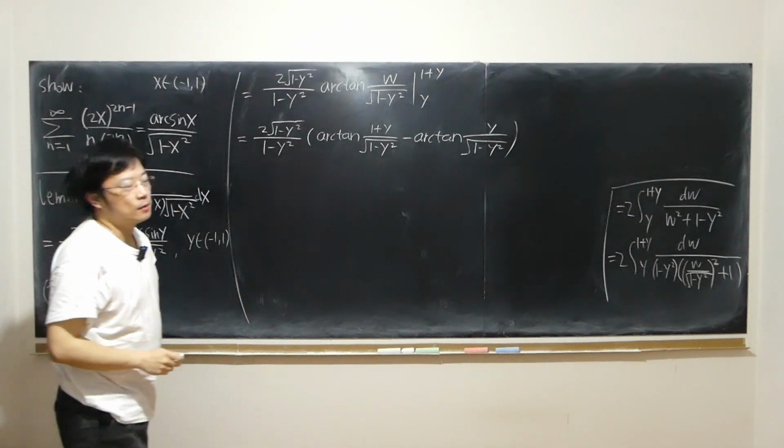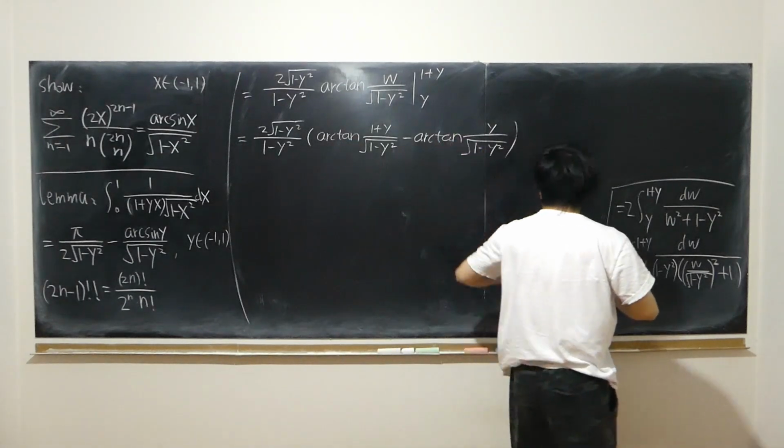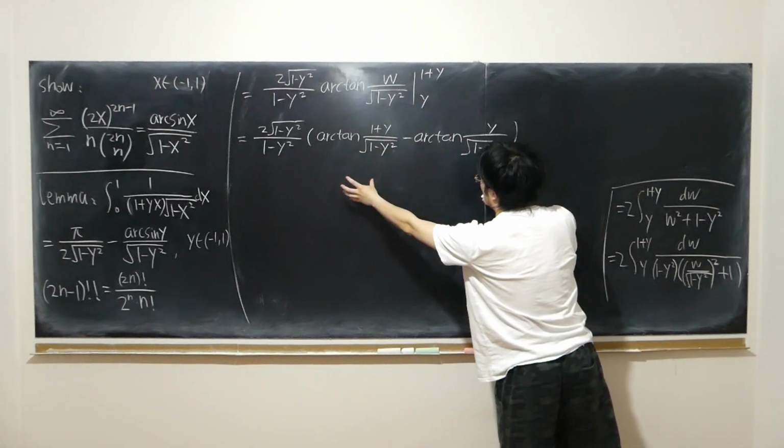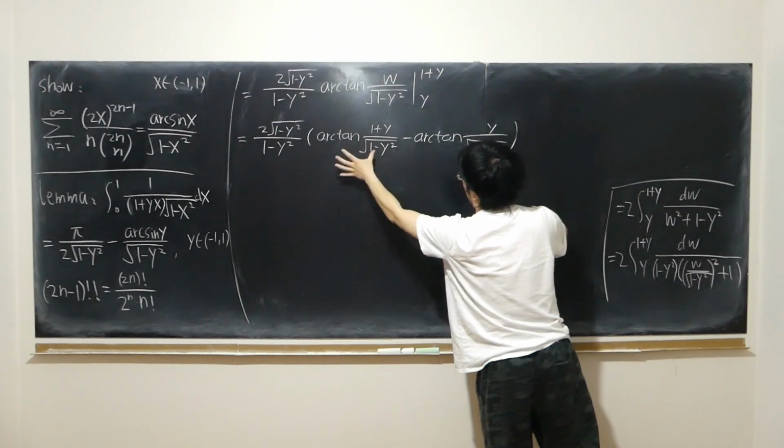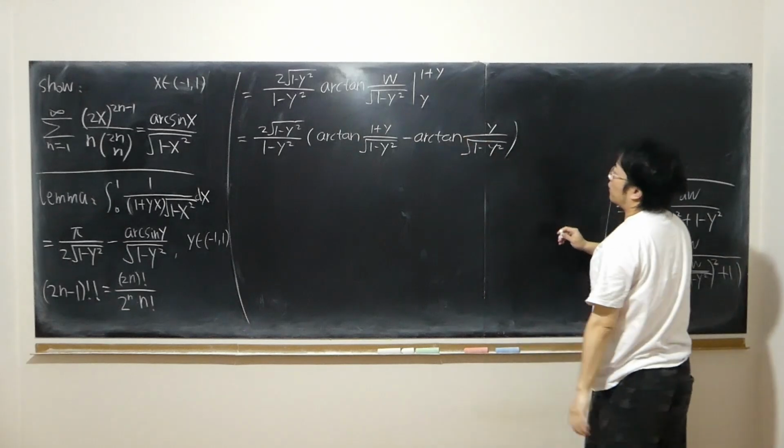Like I said, how do we simplify? The difference of two angles, because tangent is the ratio, right? So arctangent is the angle. So angle minus another angle.